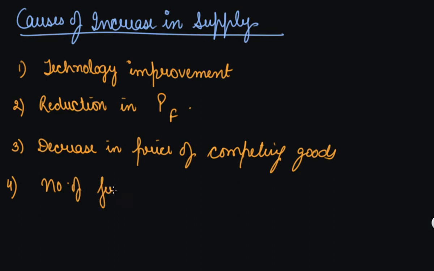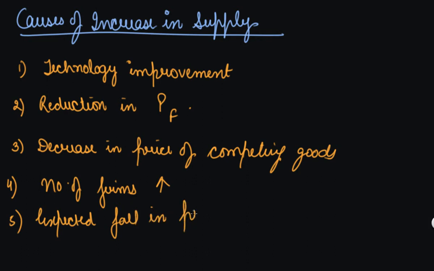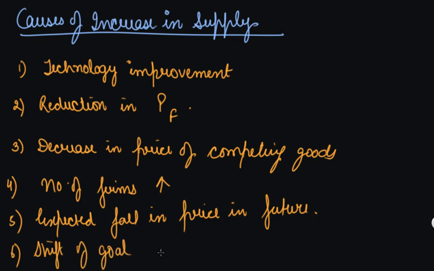Number five is an expected fall in the price in future. Then, a shift in the goal of the firm from profit maximization to sales maximization. So these are the causes of an increase in supply.